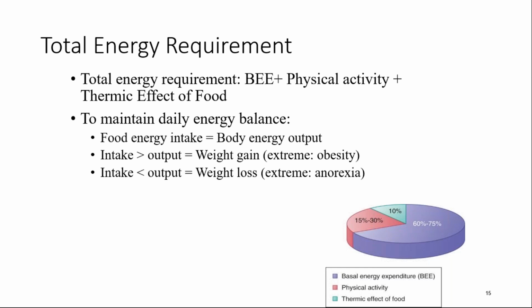And these are extreme cases of anorexia, where they do not want to take food, they have an aversion for food, and also bulimia, where intentionally you want to lose weight. So you eat and then you vomit out all the food.